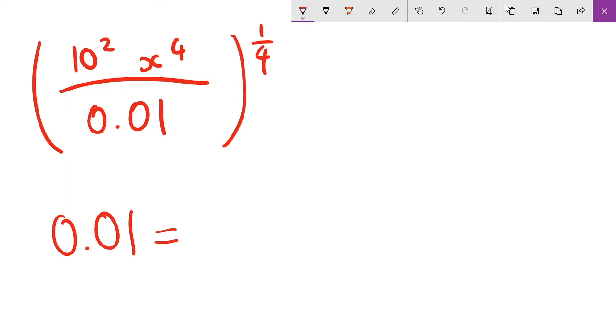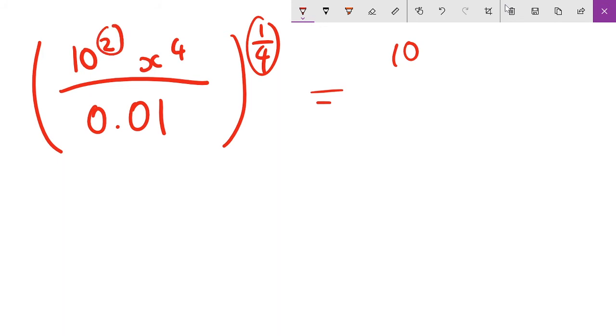So yeah, you can write it as 10 to the negative 2. Therefore we can rewrite this fraction, and you get 10 and you multiply that, and then that.